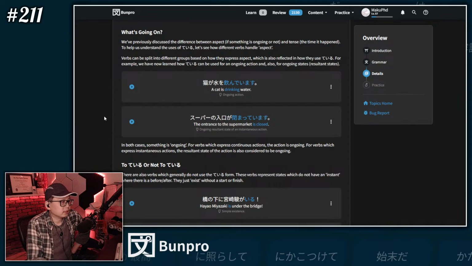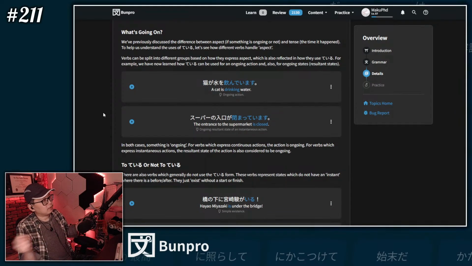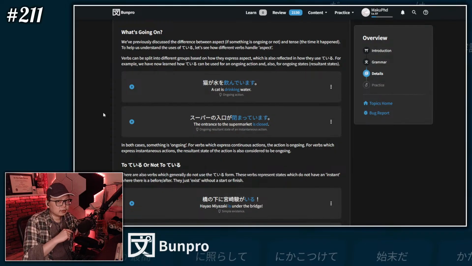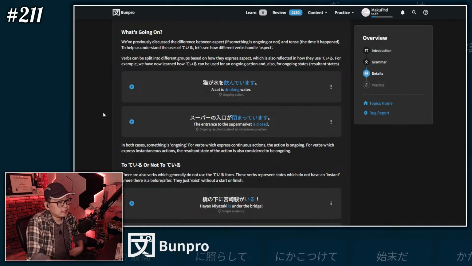For verbs which express continuous action, the action is ongoing. For verbs which express instantaneous action, the resultant state of the action is also considered to be ongoing. Close, like when you're closing something, you could say you're in the middle of closing something, but when something is closed, it simply closes technically once, but we're talking about the state of remaining closed.